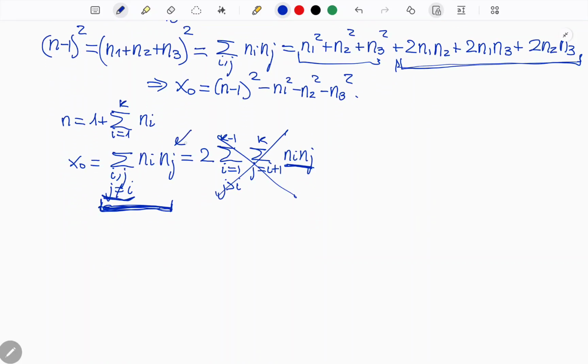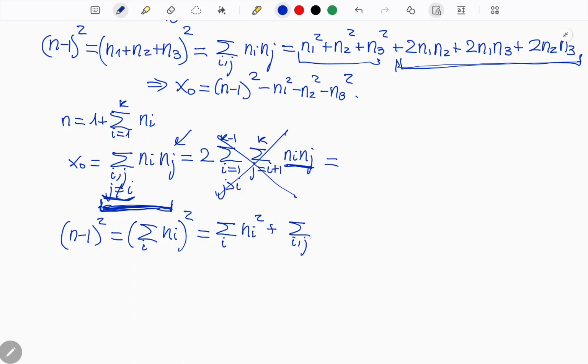So we are going to stick to this expression, and this expression is precisely, if we do n minus 1 squared, the addition of i of ni squared. So this is by definition just what I told you before, okay? So this is going to be, on the one hand, the addition of the squares plus the addition of ni nj for j different from i.